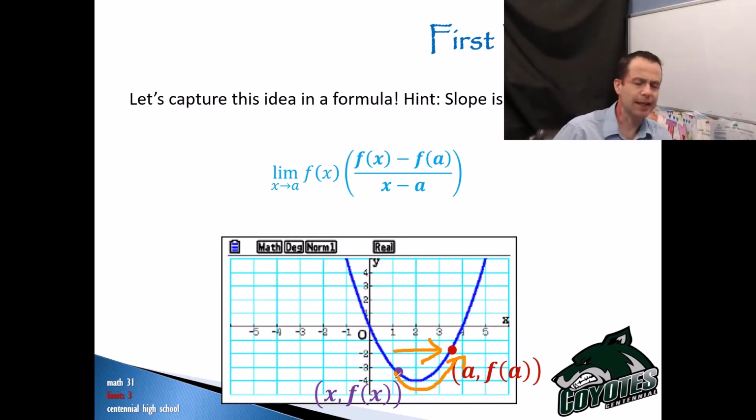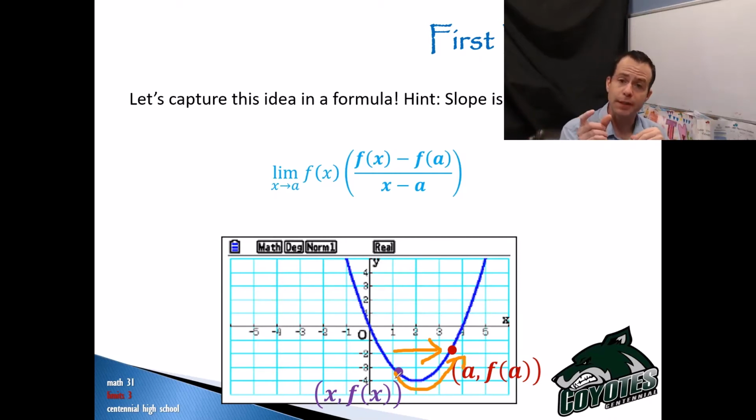Some of you may be thinking in your head, why do I need the slope of the secant line in order to find the slope of the tangent line? Because to get a slope, you need 2 points. In a tangent line, there's only 1 point that you know for sure, right? The whole purpose of a tangent line is it only touches the graph once. So you know nothing about any other point on that line until you know what that line's slope is.